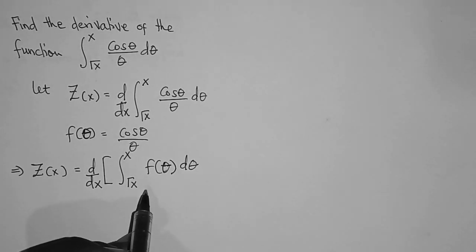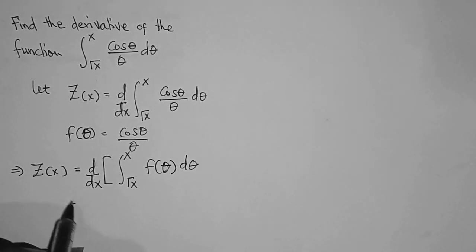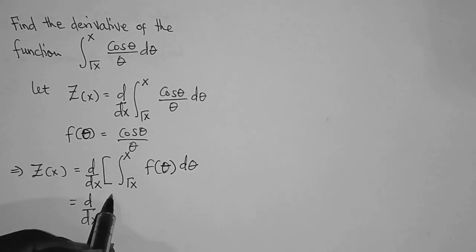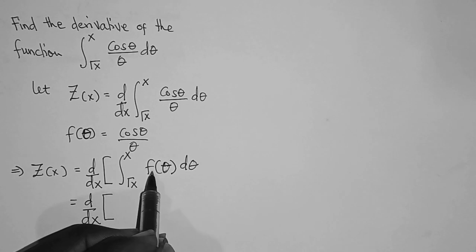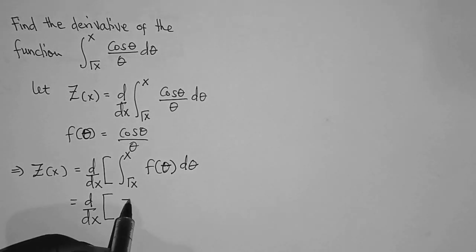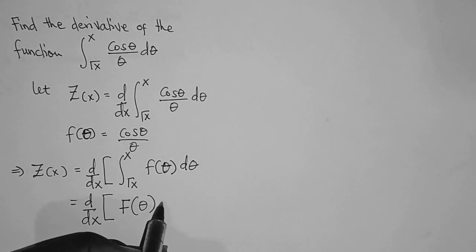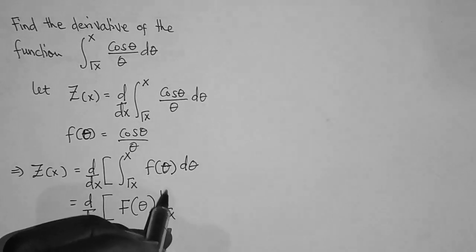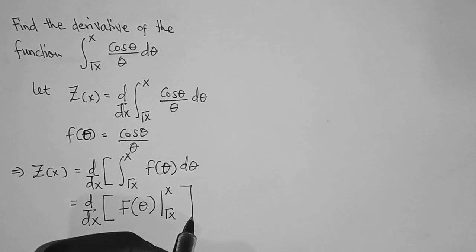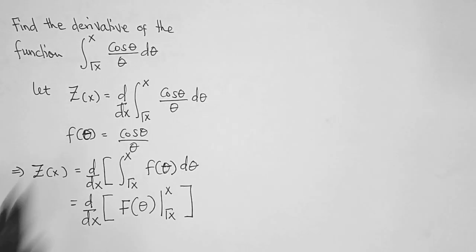So now this is equal to d dx of, if you integrate small f of theta, you are going to get capital F of theta evaluated at root x and then x. So let's continue from here.